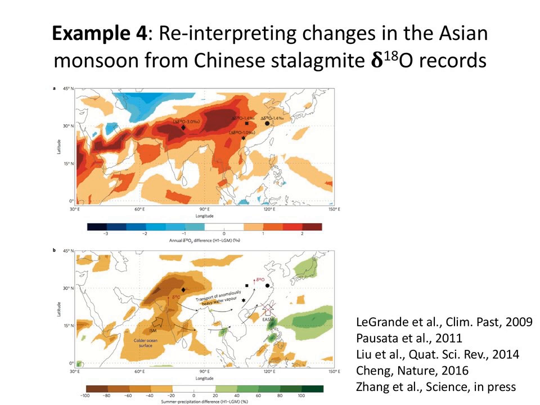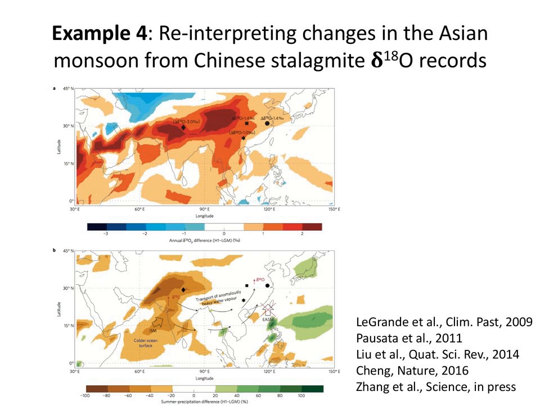Okay, next I wanted to talk about, sort of along the same line, how some of our modeling frameworks and theoretical frameworks can inform previously, in this case, fairly long-held assumptions about what our proxy records mean.